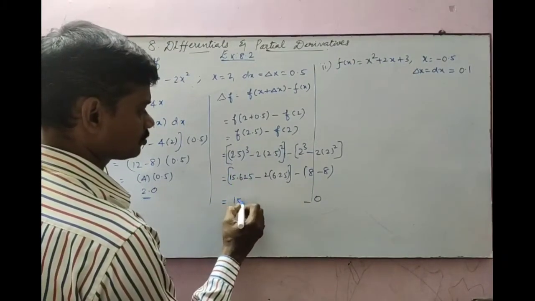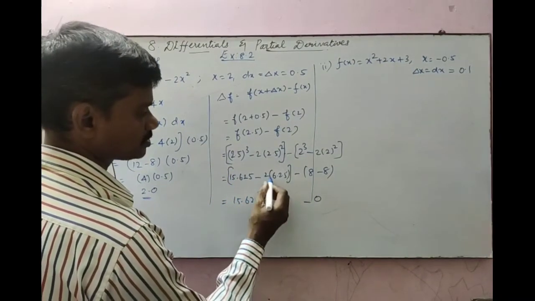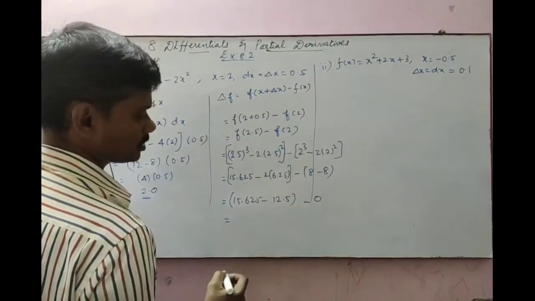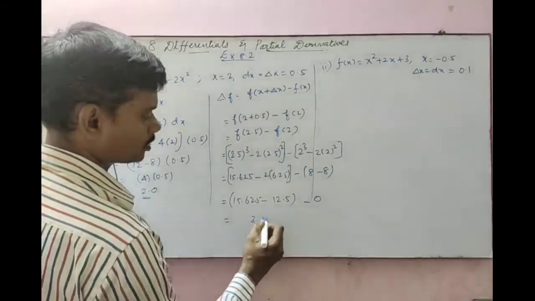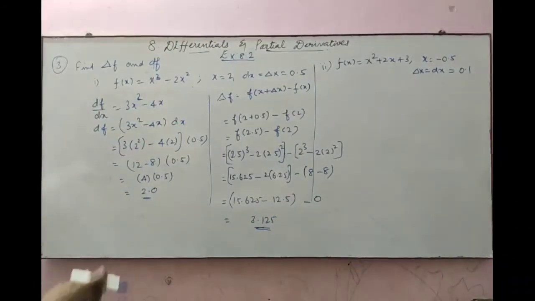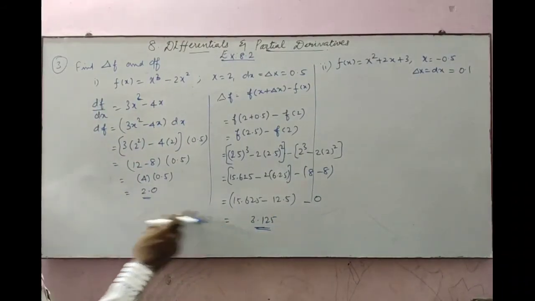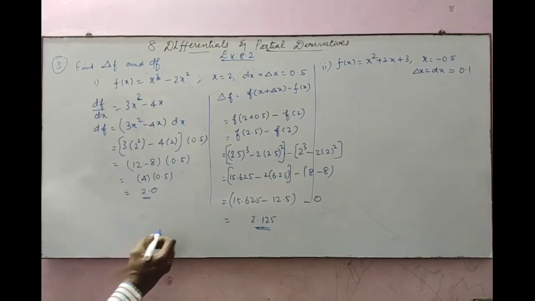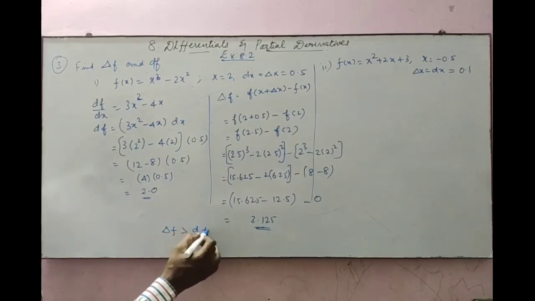Here 15.625 minus, if you multiply these two you will get 12.5. On subtraction you will get 3.125. So this is the delta f. So this is the df. They ask you to compare the df and the delta f. Here delta f is greater than df.